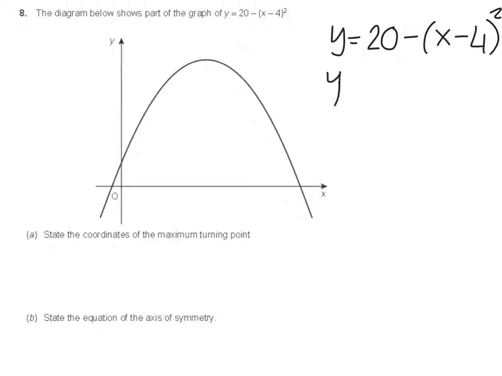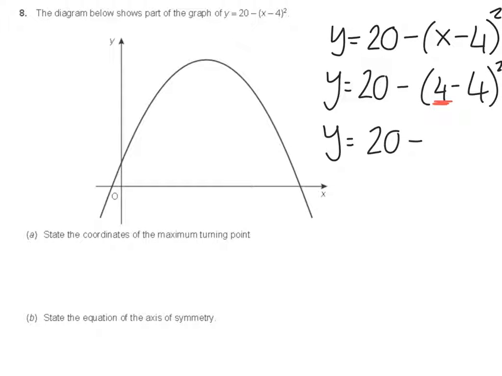That x value would be in fact 4, so we'll substitute that in. 20 take away 4 take away 4 all squared. So our value 4 in here makes the bracket disappear. When the bracket part disappears, we're left with 20 take away 0, which means y equals 20.